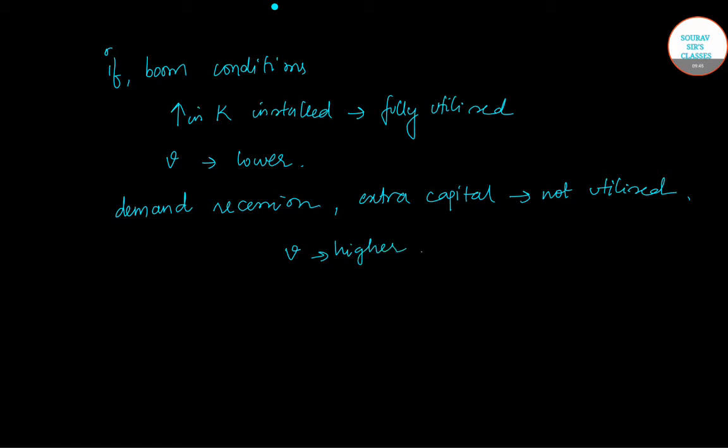But the question is, what determines the size of the required incremental capital output ratio, which is VR, which keeps the entrepreneurs perpetuating the growth rate? So we have to answer this particular question. So let us answer it.